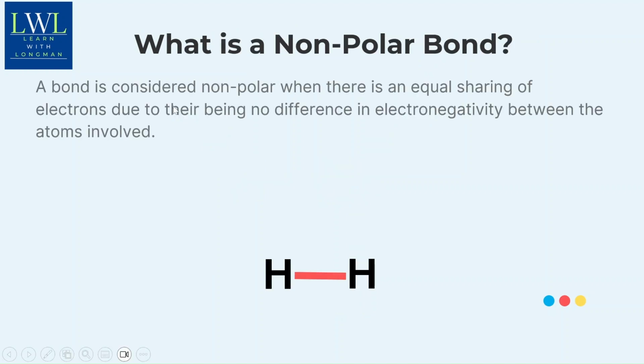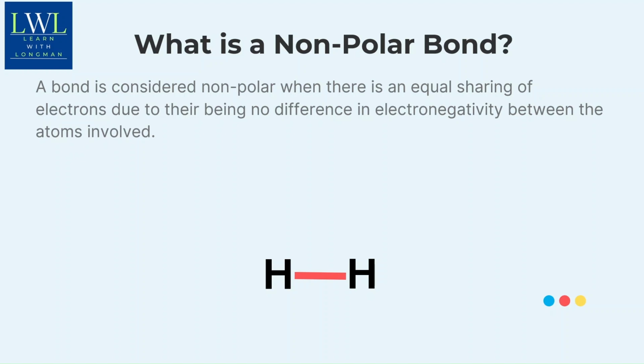What is a nonpolar bond? A bond is considered nonpolar when there is an equal sharing of electrons due to there being no difference in electronegativity between the atoms involved. Truly nonpolar bonds only occur when two atoms which are bonded are the same element.